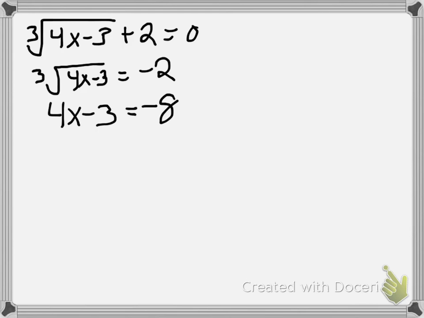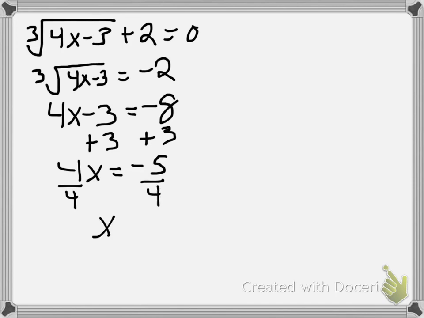All right. But then we continue on with the problem. Plus 3. So you get 4x. Now, some of you told me that this is positive 5. How is negative 8 plus 3 positive 5? It's negative 5, guys. Then you just divide by 4. You get x equals negative 5 over 4. Now, you do have to check to make sure it's not extraneous.